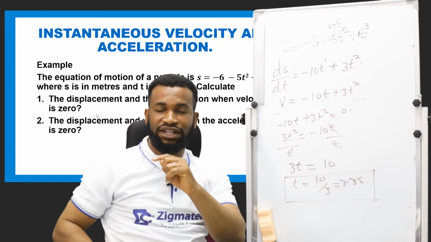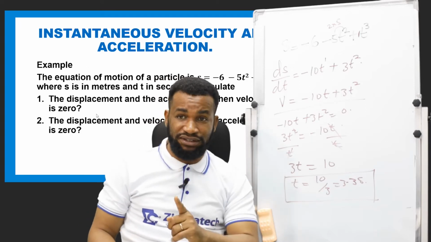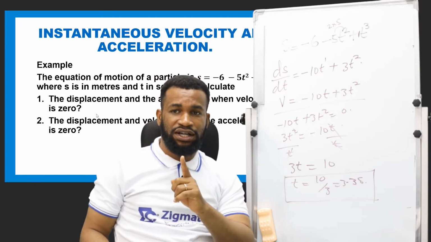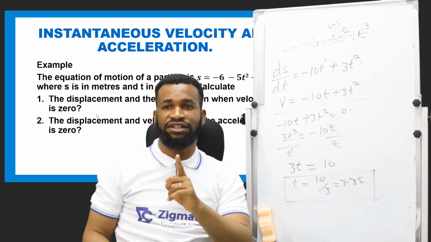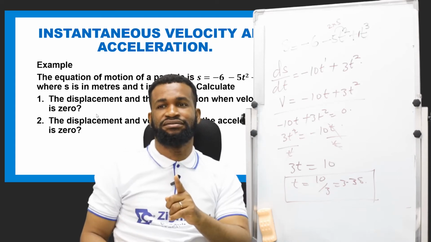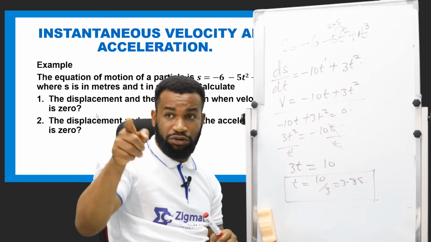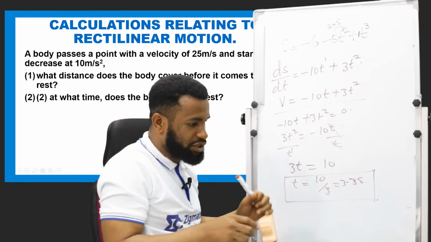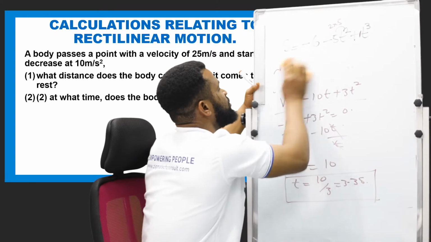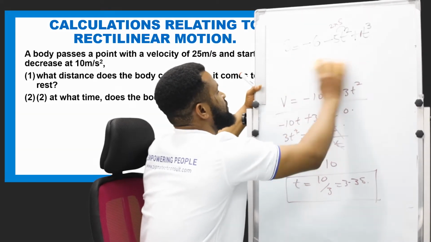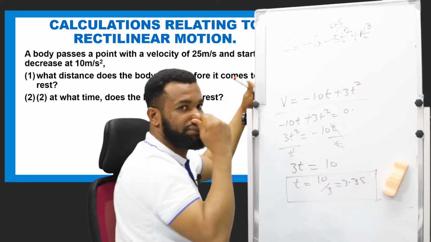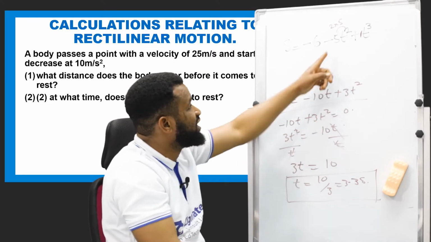Now, the question said I should find the displacement when the velocity is 0. All right. Now, I have to go back to the equation. Look at the equation. I have to go back here and substitute t as the time.